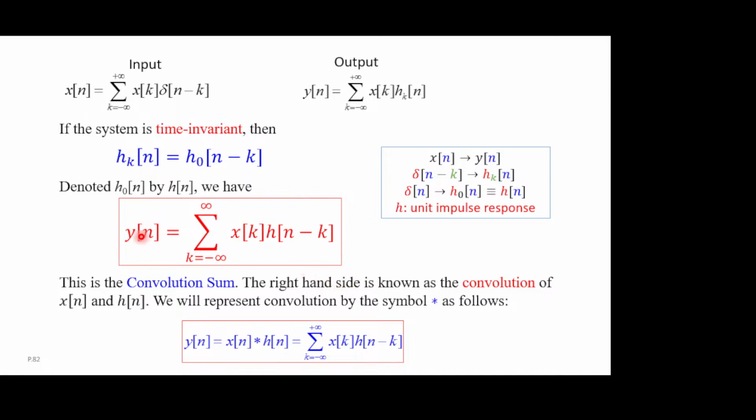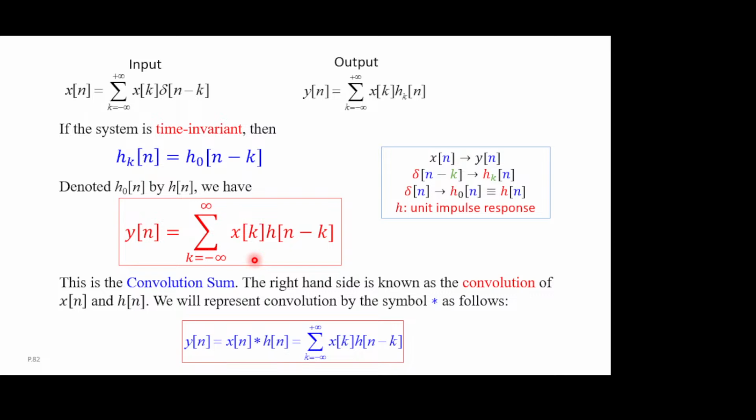Just remember n and k are different variables. And usually k should be summed over, so k is something that should not be in your answer of the problem, because it's a dummy variable that you just use in your calculation.